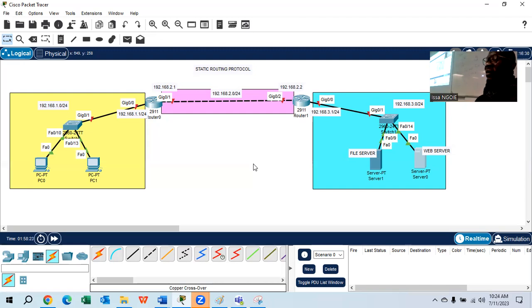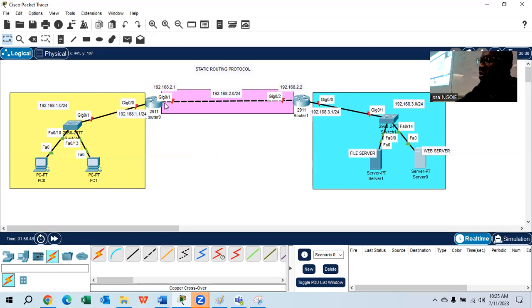Every router will have a database. That database will have information related to all the connected networks, right? But what we're gonna do first, let's bring up those two interfaces, gigabit 0/1 and gigabit 0/0.